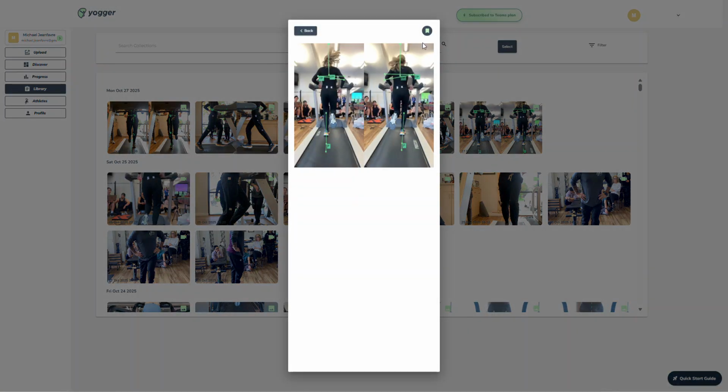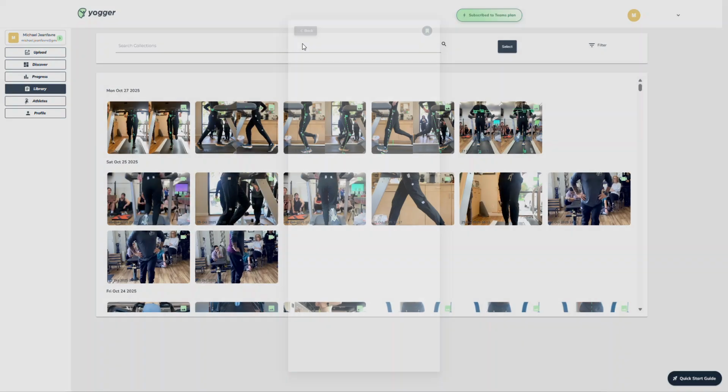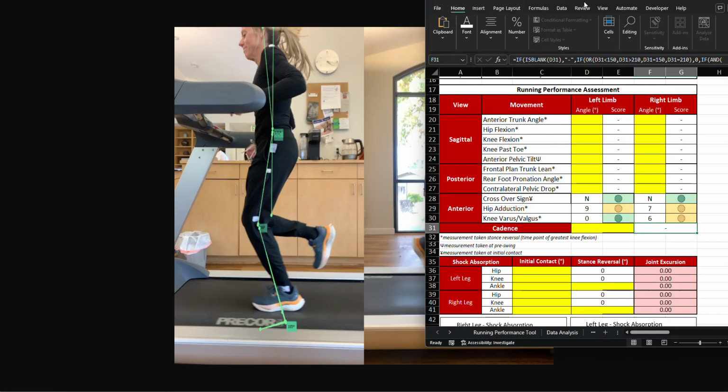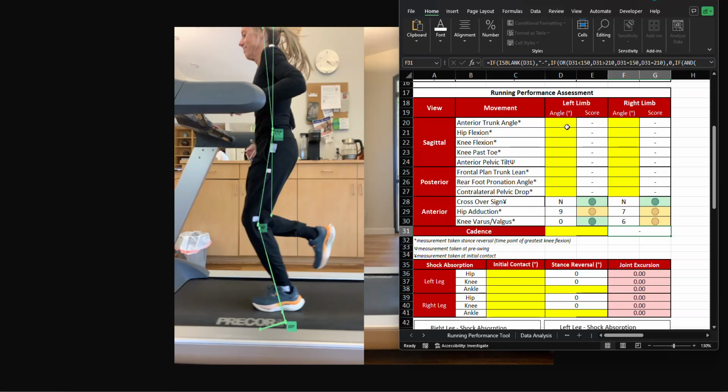If we click on this, we should be able to potentially expand it. Yeah, so then in the sagittal plane, we will analyze first the left leg.